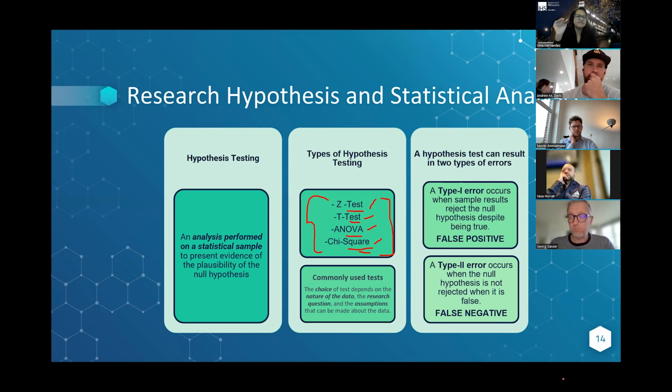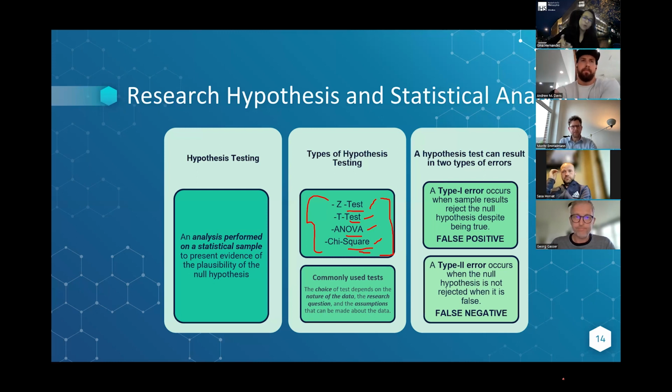We call this a false positive. It is when you believe you have a significant finding and you don't have anything. It is just due to random chance and you weren't able to identify it properly. So this is called a false positive.